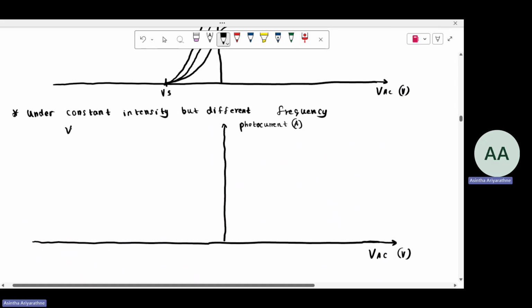Let's say frequency 1 is highest, 2 is next, 3 is lowest.